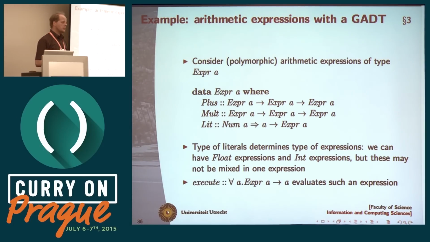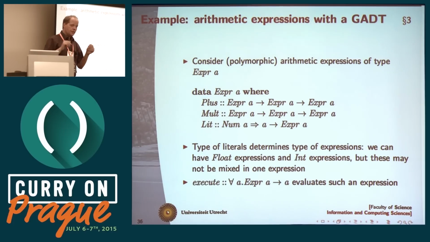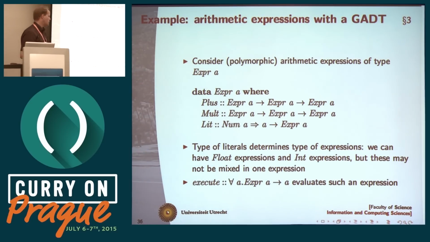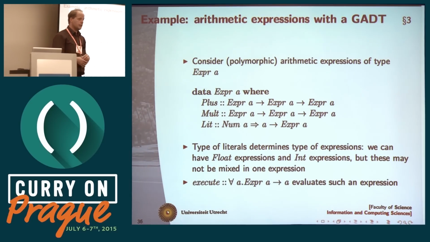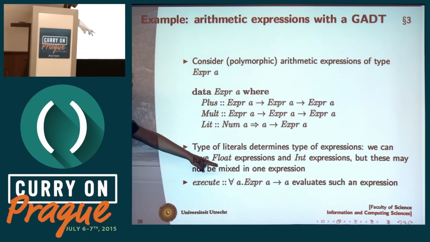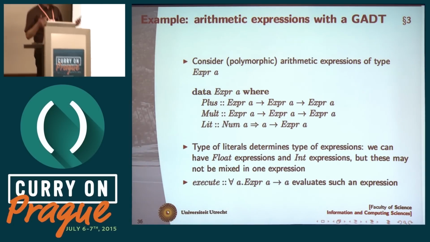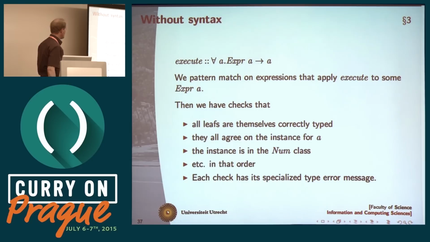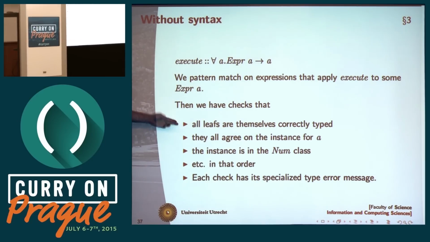But the problem is, in all these unification-based type error diagnosis systems, they all go through your expression in a particular order, which introduces bias. So my PhD student said, well, if I have a function like execute that evaluates the expression and returns the result, and I know something about this expression, I would like to be able to verify, first, that all the leaves are correctly typed.